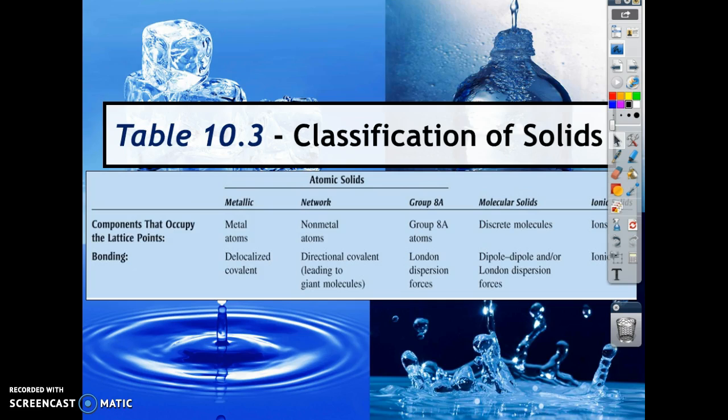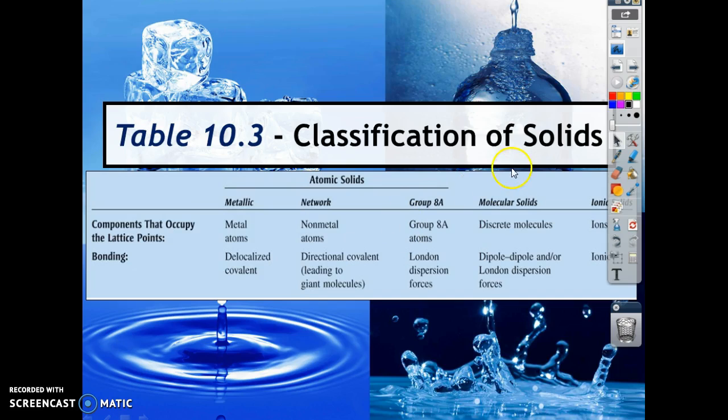How about classifying some of those solids? This might help you out. So they're classified as metallic if they're metal atoms and we consider them to be delocalized, or a sea of electrons. They're considered network if they're nonmetals and they have those directional covalent bonds that go to really big molecules. And their group A means group 18. That's going to be if you have noble gases.